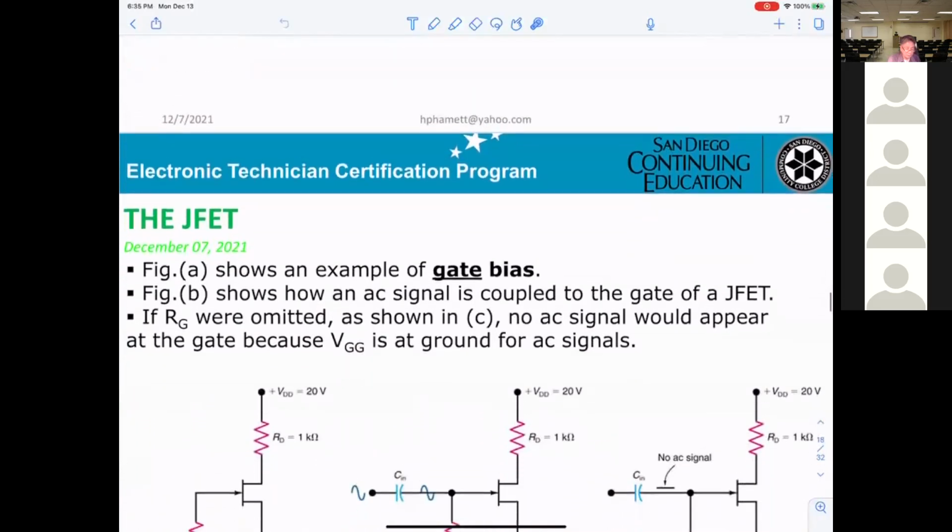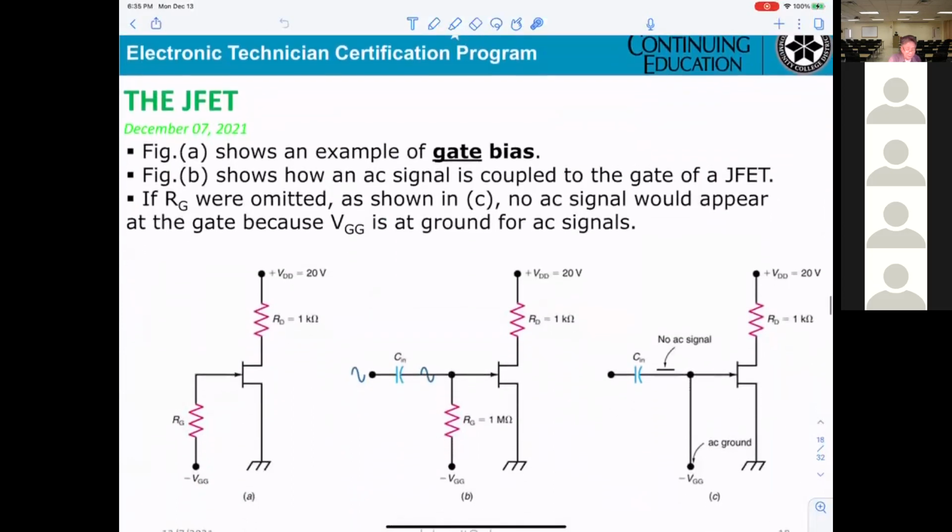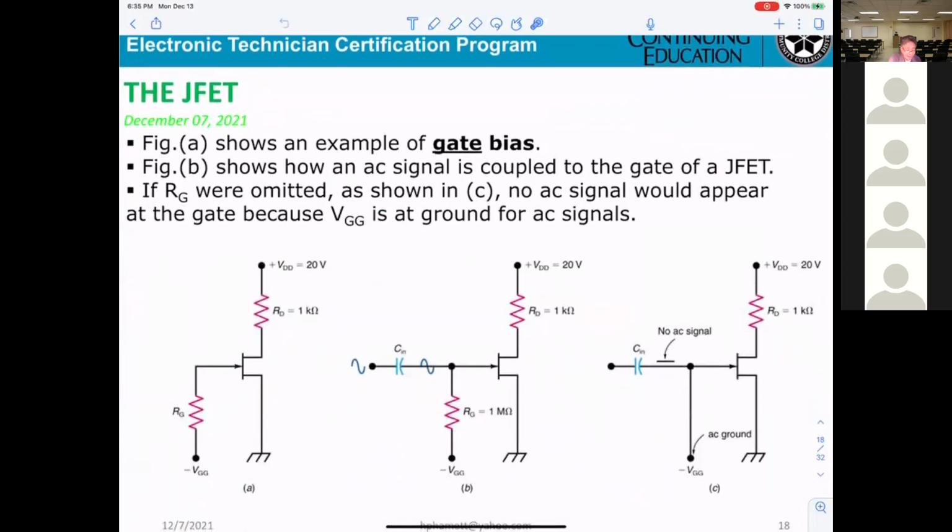Thank you. You're welcome. Now, first we're talking about fixed bias or gate bias. Basically, they draw it including AC. However, AC does not affect the DC. Why?